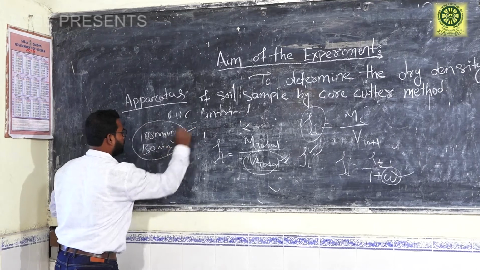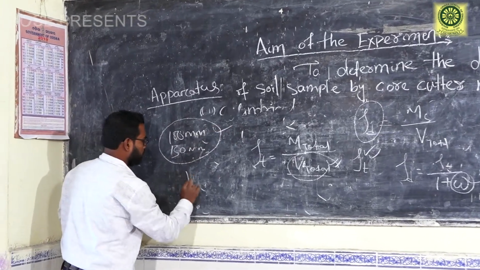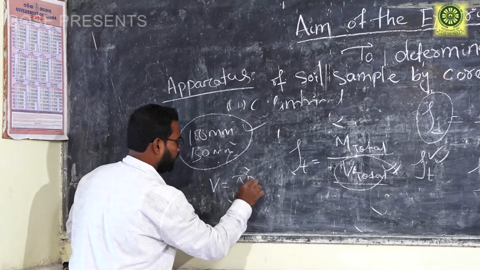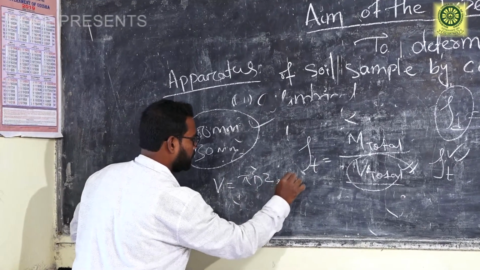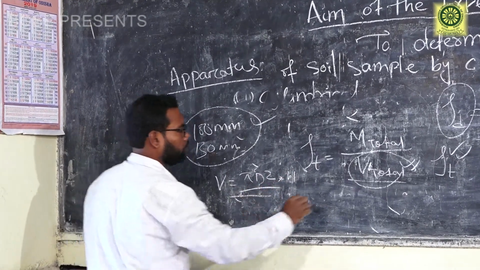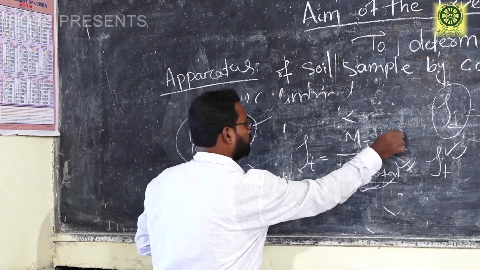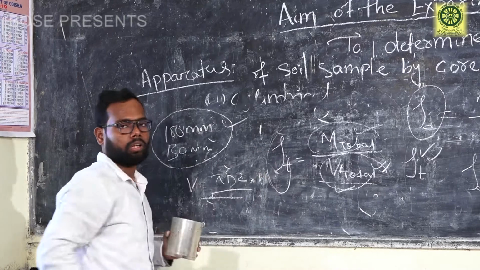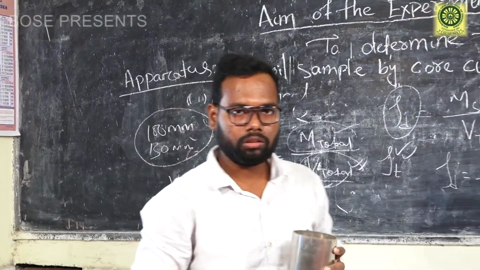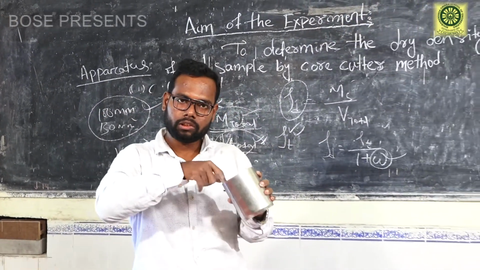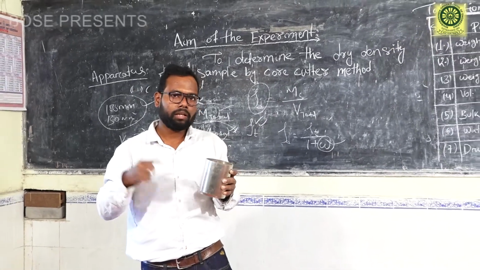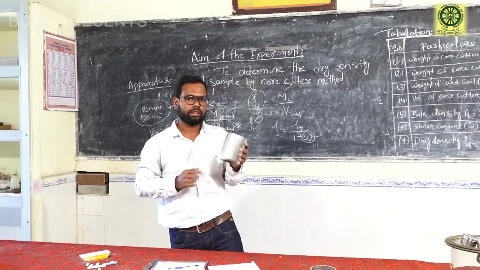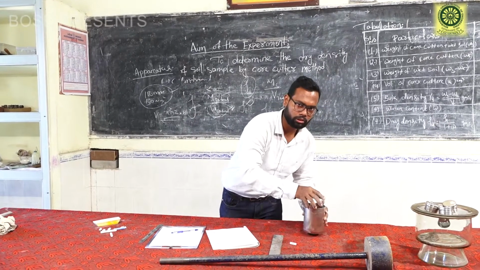From this we can calculate the volume, which is pi d square into h divided by 4. From the volume and the mass of the total soil, we calculate bulk density. Now we need to go to the field to collect the soil sample, and then I will come and weigh it. Let's go to the field.